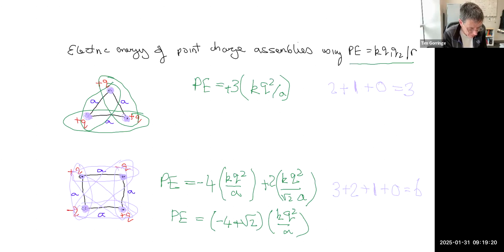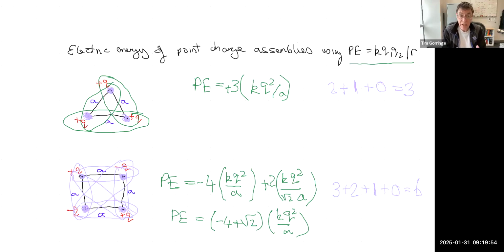This is a negative potential energy for the square arrangement. With the positive potential energy of the triangular arrangement, we had to push those charges together to get 3 like charges in the corners of the triangle. So they're kind of storing up electrical energy and they want to release it. They want to fly apart. For the square arrangement, on the other hand, these charges would have fallen together and assembled themselves in this arrangement.